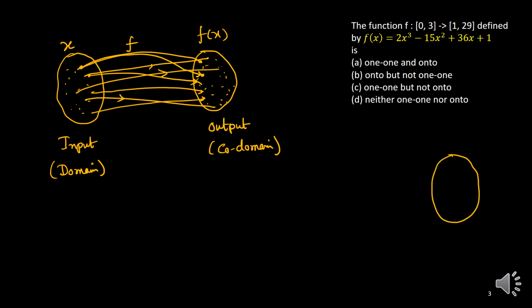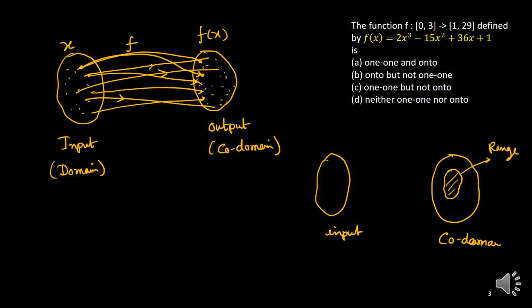So exactly what we can do, we can show it in this way. This is the codomain, and this is your input. Now the range could be a subset. This could be the range sometimes. It means that all the points I consider from the input will map only within this range, not outside.